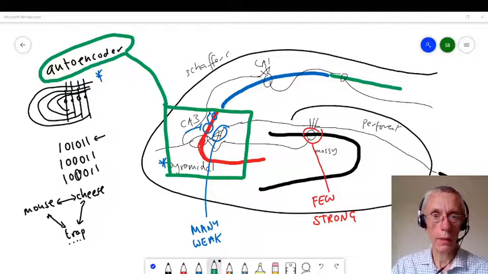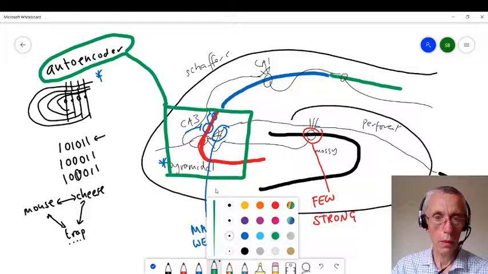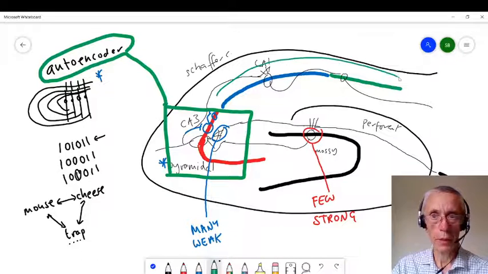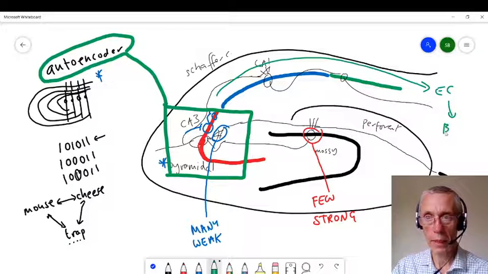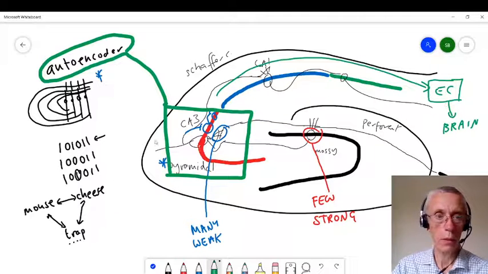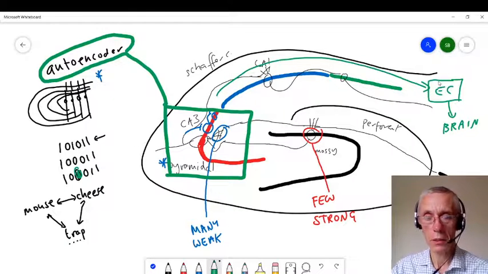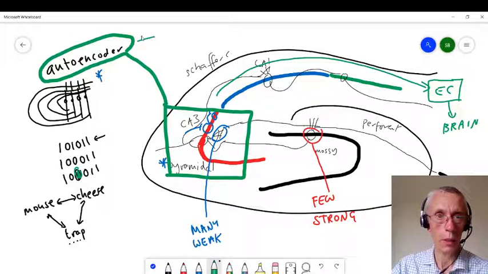That can then, through back connections to the entorhinal cortex and then back to the rest of the brain, the cortex if you like, recover associations in the entorhinal cortex that originally caused this association. So basically what CA3 will do is repair this association and then send it back to the entorhinal cortex. So that's our autoencoder.